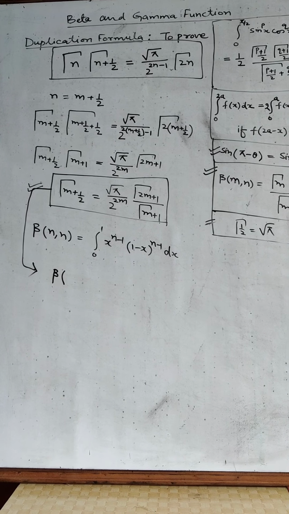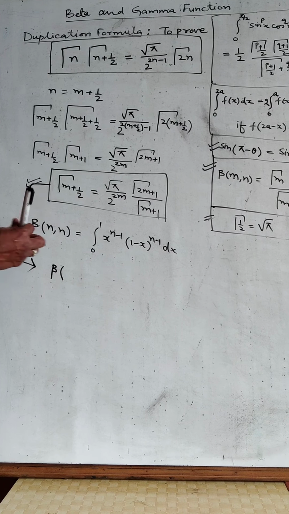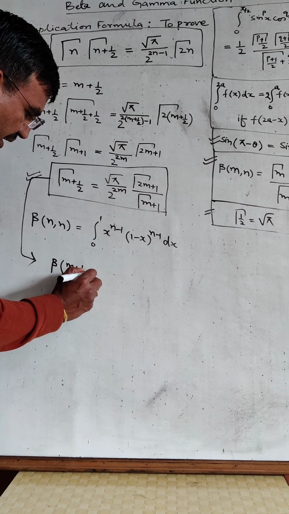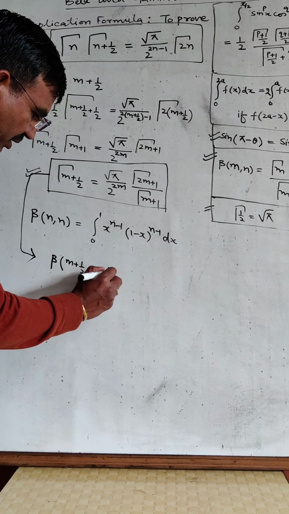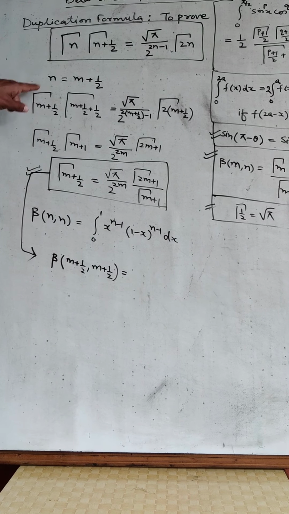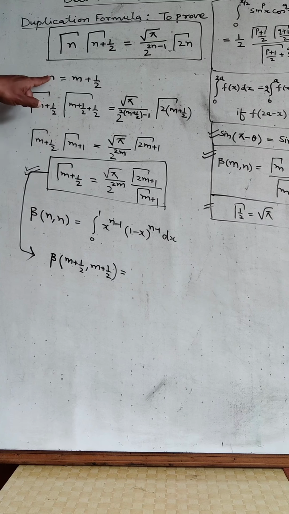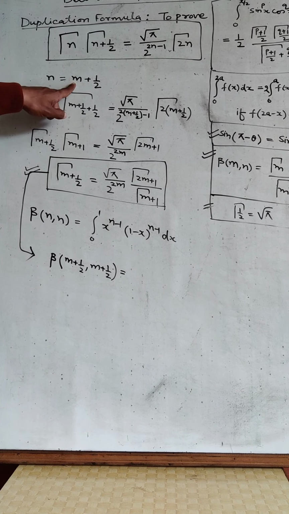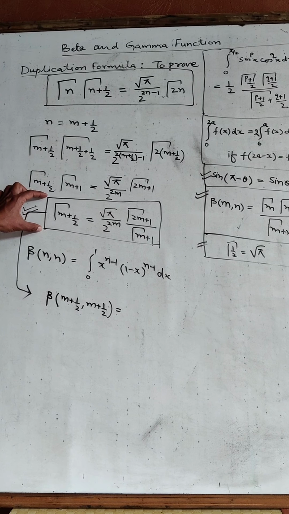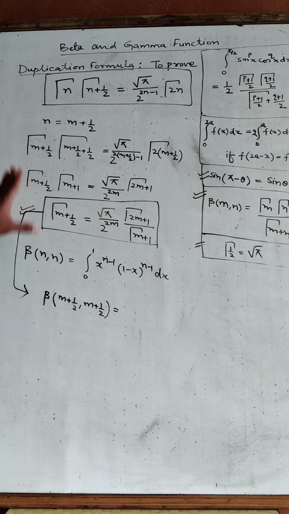And what would be the change? You have to start with beta of m plus 1 by 2, m plus 1 by 2, because we found this second form by replacing n by m plus 1 by 2. So if you want to prove this second form, how will we do it?